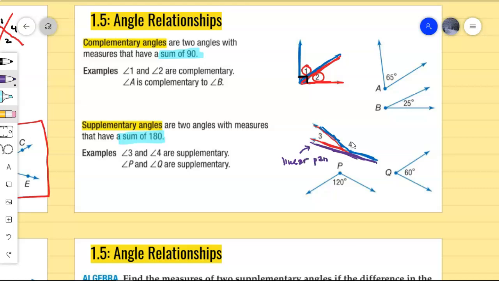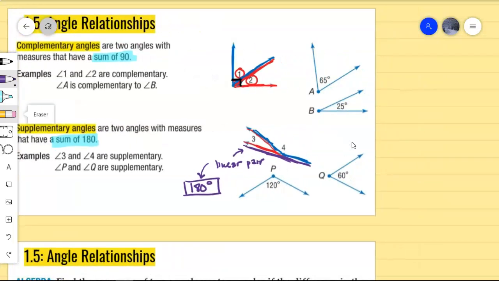If you did not know this coming in, a linear pair is always 180 degrees. If you don't believe me, look at a protractor. We've done this in a different lesson.